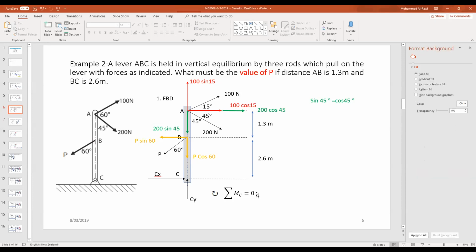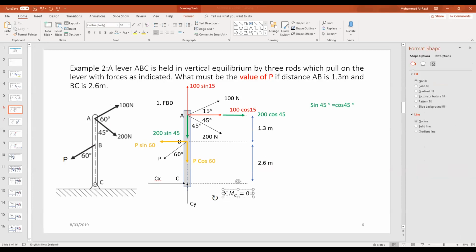So if we continue writing here, start with the top one. We rotate the geometry clockwise. Yes, so it would be 100 cosine 15. What's the distance for that? So it's 1.3 plus 2.6.